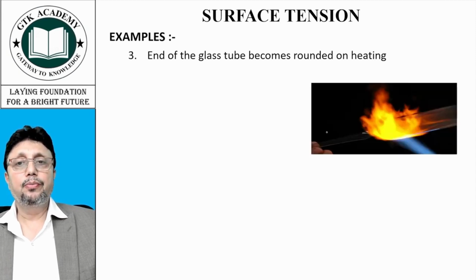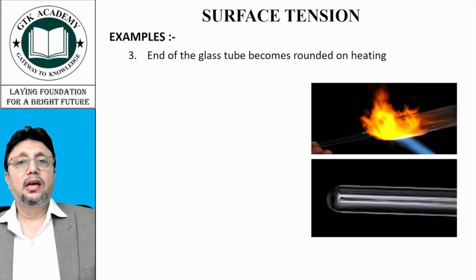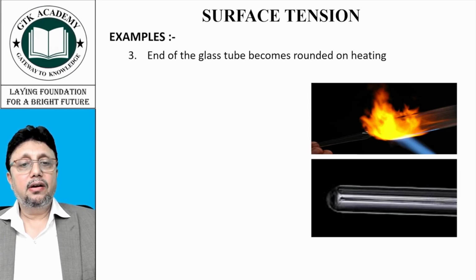I'll show you. See, when the end of the tube is heated, then the glass melts, liquefies, and that liquid tries to take the minimum possible area. You can see here.